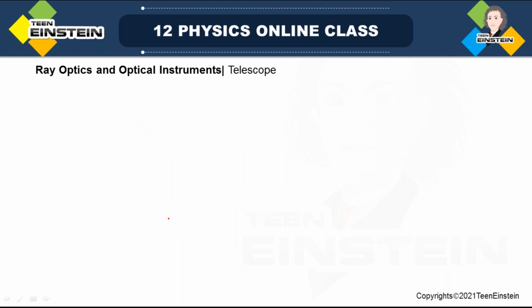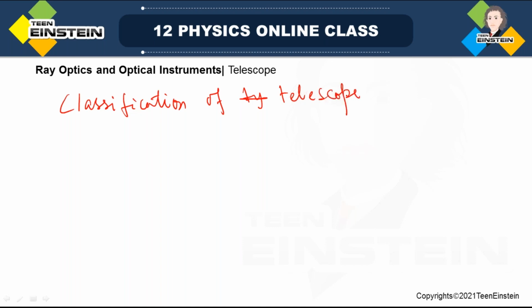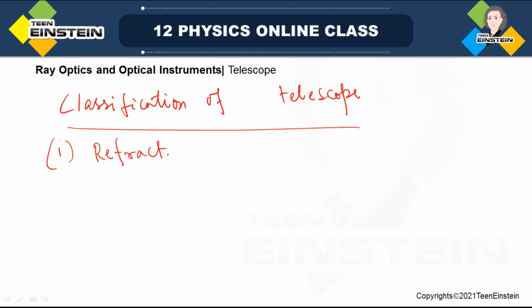Okay, classification of telescopes. According to construction there are two types. One is the refracting telescope.